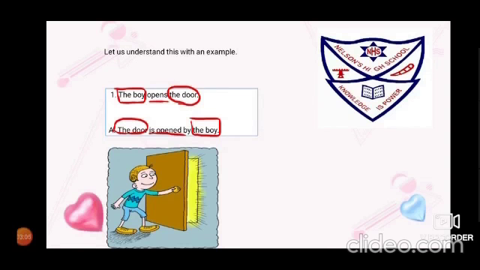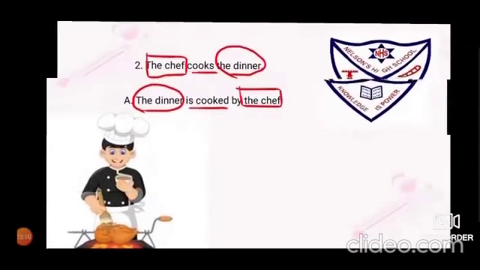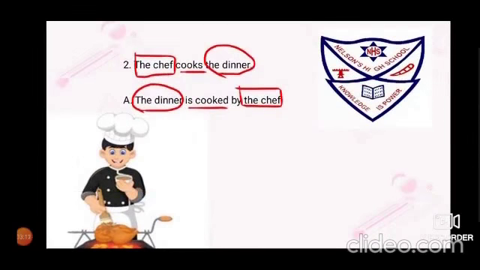Let us get the next example. The chef cooks the dinner. The same thing will go through with those 3 terms. The chef being the subject, the chef is performing the action. Which action is he performing? Cooking, so cooks is the verb. And who is receiving the action? The dinner. So you have to box the subject, underline the verb, and circle the object.